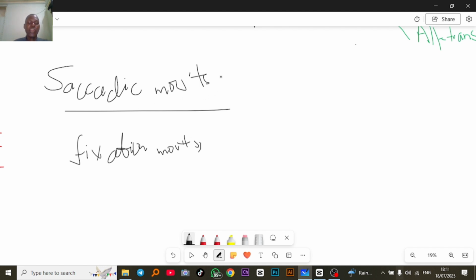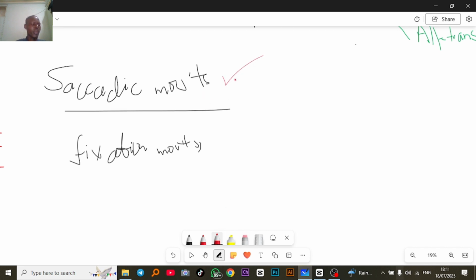So the jumping of your eyes moving from one target to another is what we call saccadic movement. In other words, I'll define it as shifting of the target from one place to another on the retina. You get? Those are saccadic movements.